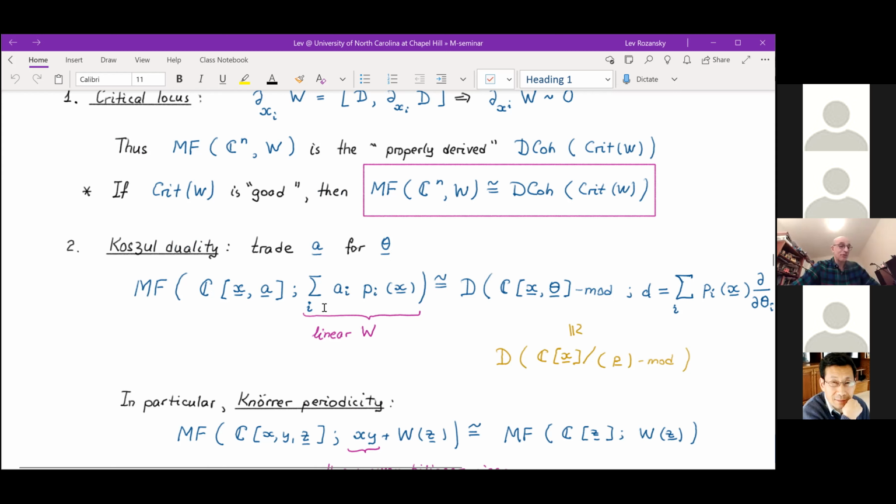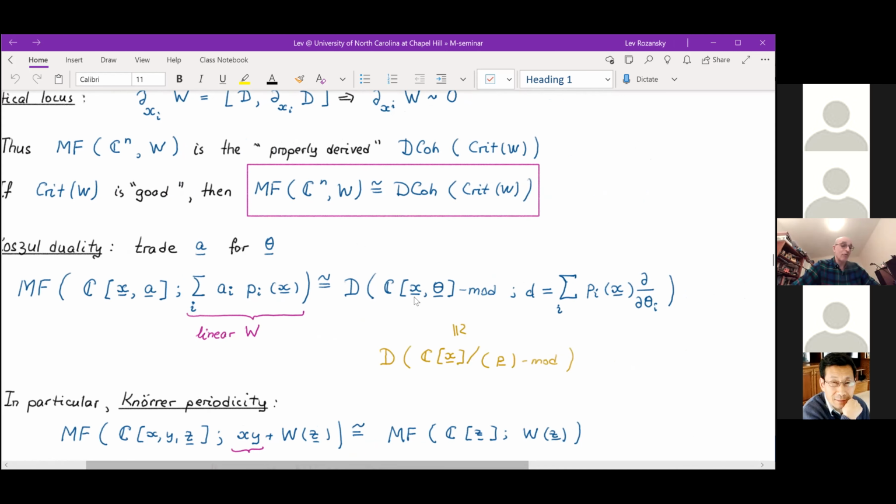Underlying means there are several. Then this would be equivalent to modules, to something more familiar. You have modules over x's and thetas, odd variables, and your W turns into a differential, which kills the polynomials P. So if the polynomials form a regular sequence, then this is the same as modules over C of x modulo the ideal generated by these polynomials.